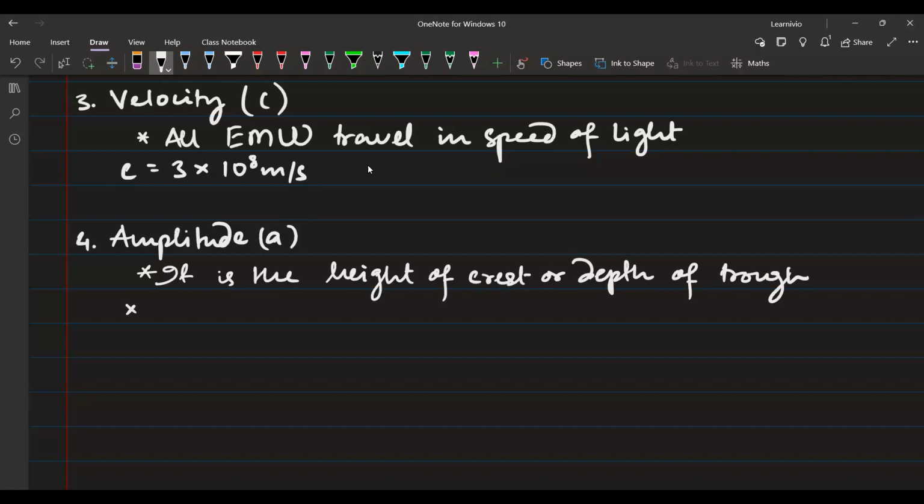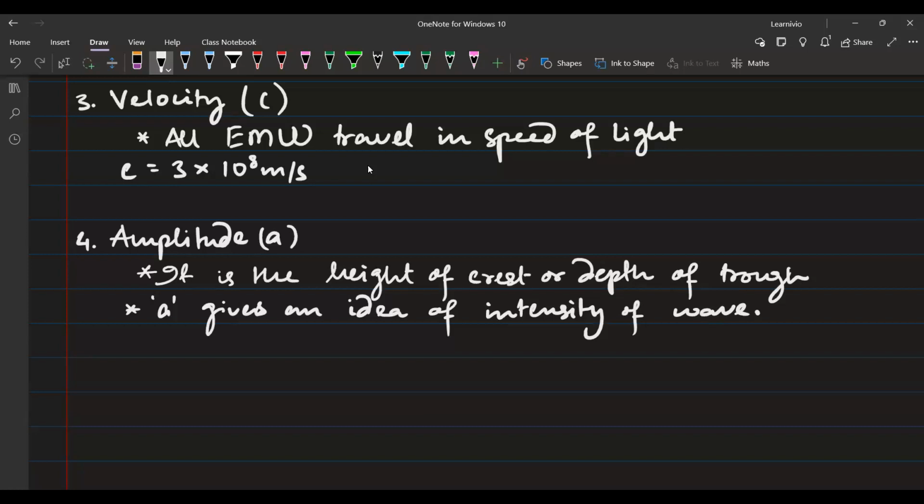Depth of trough. Amplitude gives an idea about the intensity of wave. Intensity of wave.